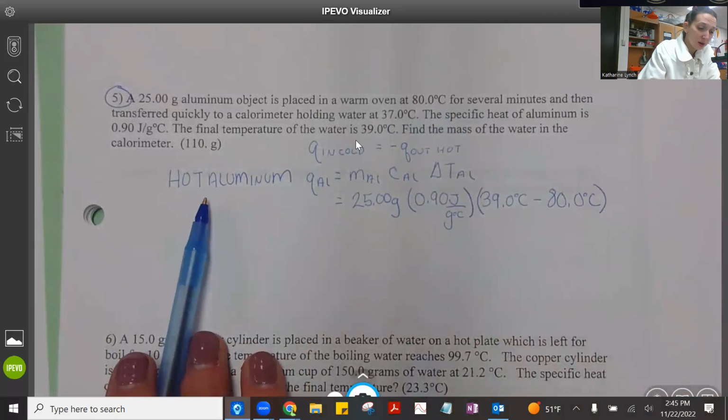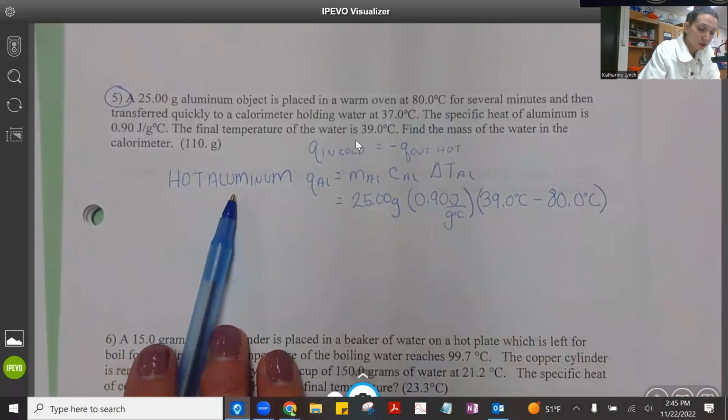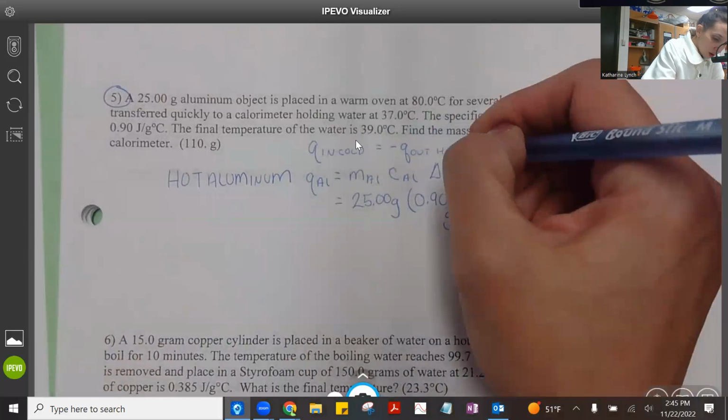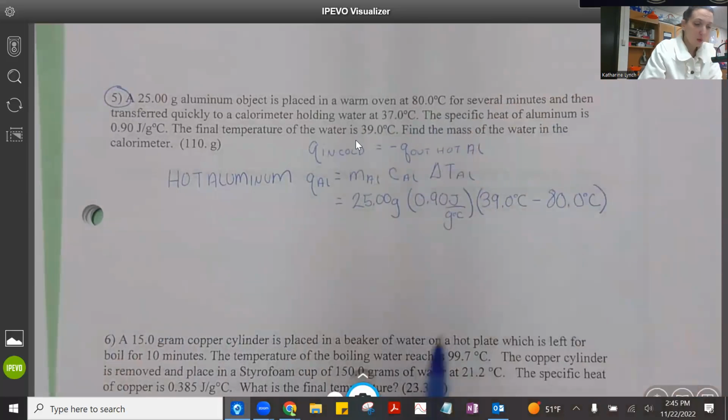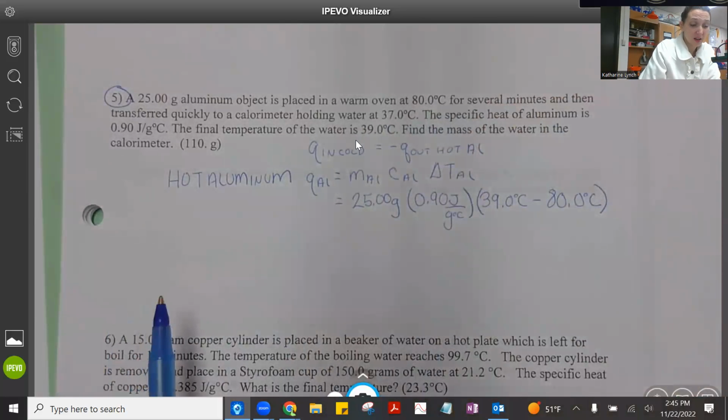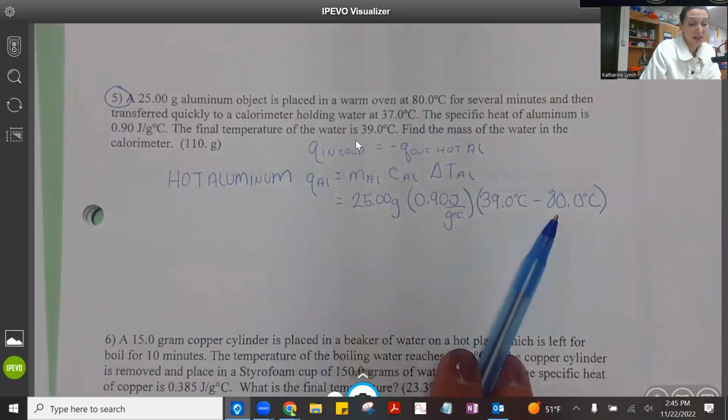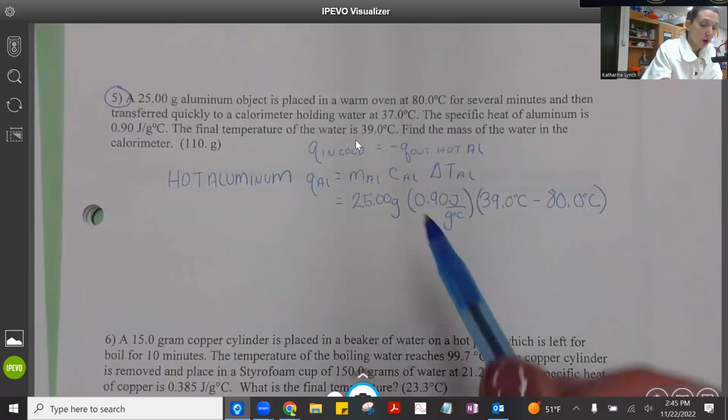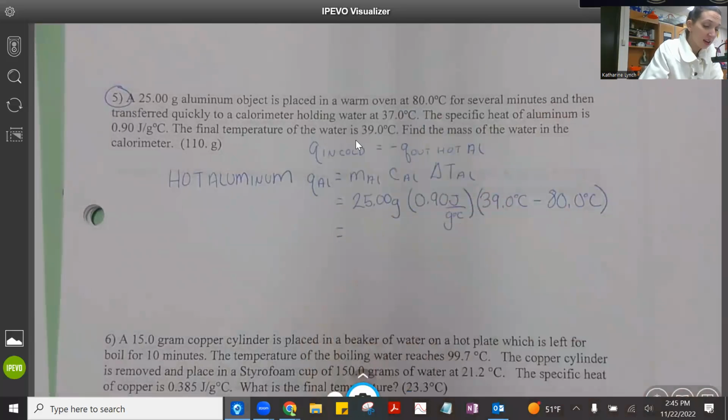The hot aluminum is giving energy. So we are releasing energy from the hot aluminum. So it makes sense that my delta T will be a negative temperature value, which will reflect in a negative temperature value of the aluminum.